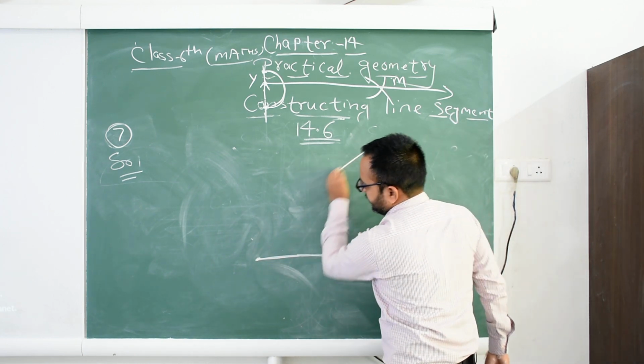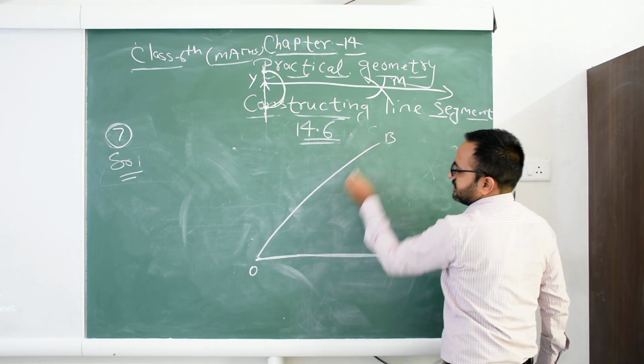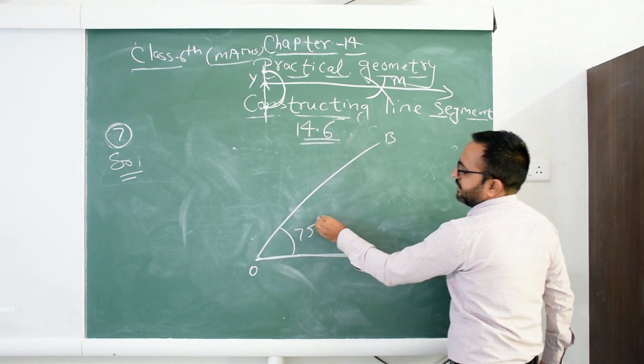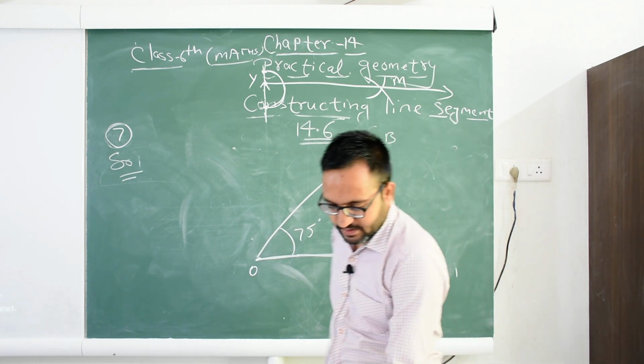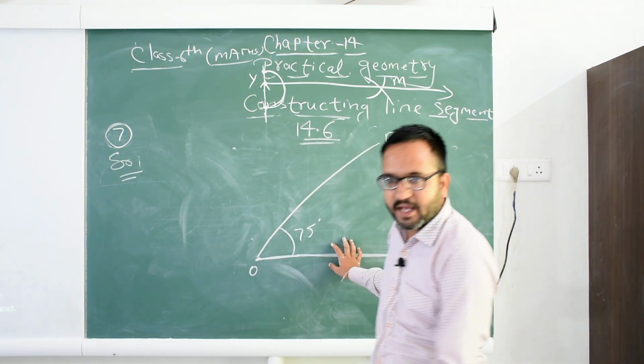Draw an angle POQ, this is your 75 degree measurement, and find its line of symmetry.